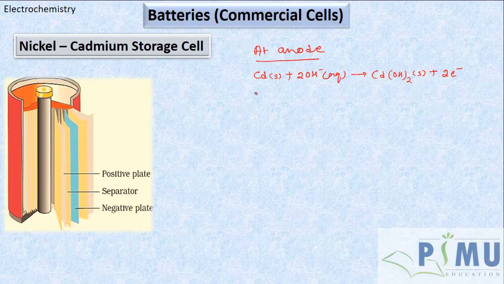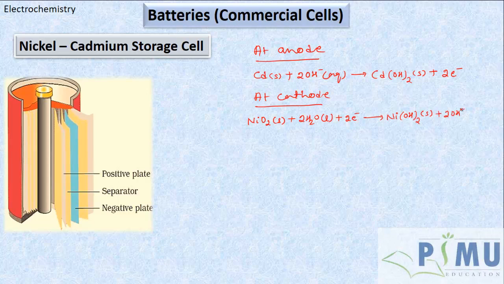At cathode, NiO2 plus 2H2O plus electrons gives Ni(OH)2 plus OH-.